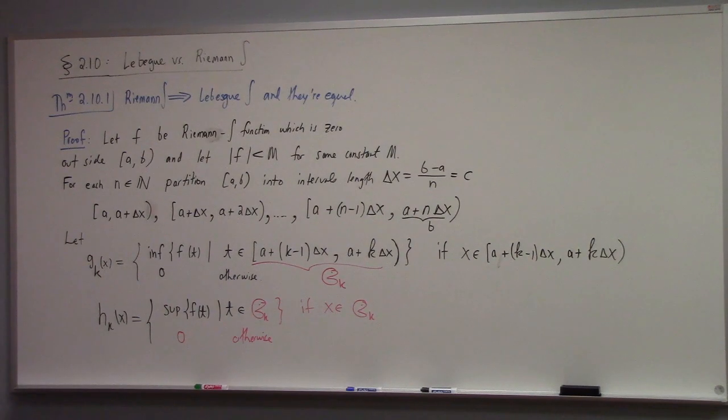And then he says, since G sub n is a bounded, non-decreasing sequence of functions, it's a bounded, non-decreasing G sub k. G sub k is a bounded, non-decreasing sequence of functions. Does that make sense?